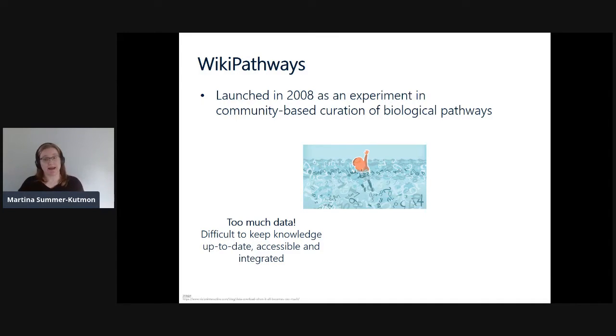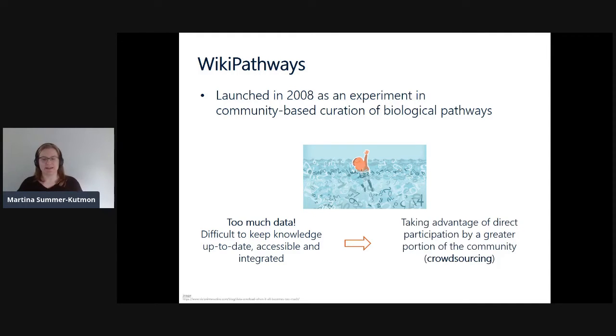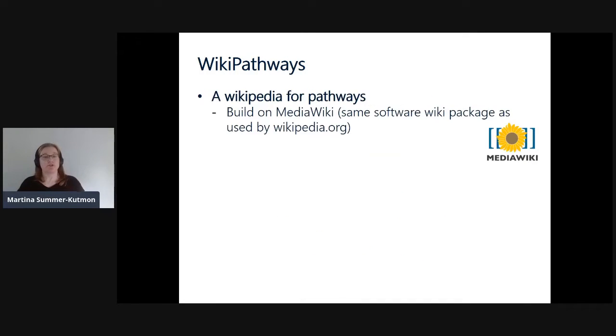So the idea back then was, can we take advantage of the direct participation of experts, of the researchers that actually study these processes? This is called the concept of crowdsourcing. The most common website that works this way is Wikipedia. We all know about that.